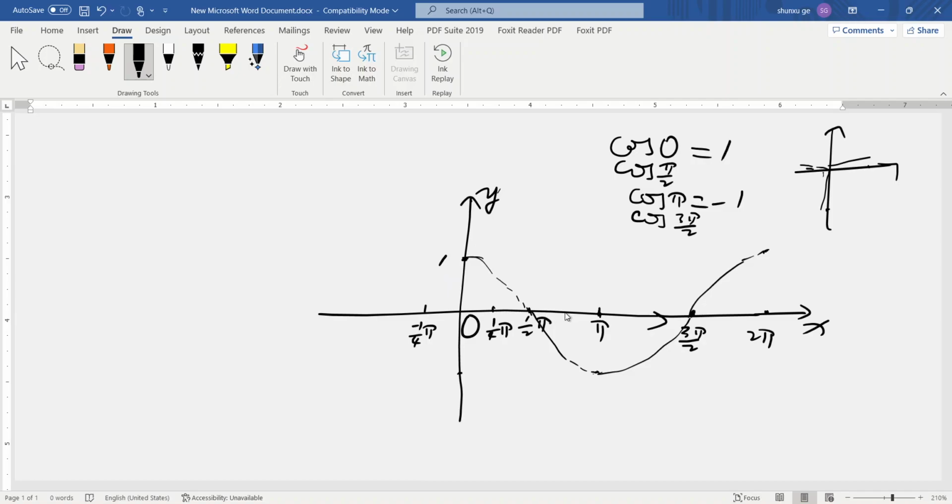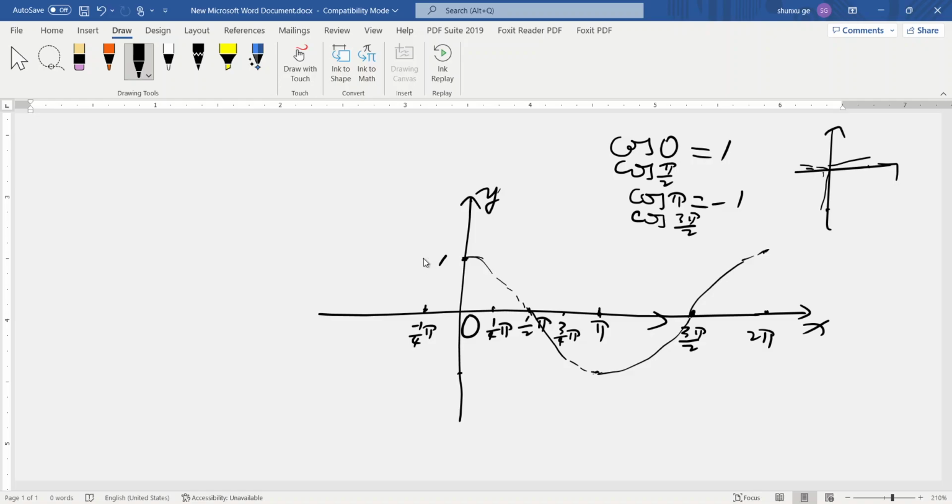So here should be 3 over 4 pi. Okay, the period has changed to pi. The start point should be from here, negative pi over 4, but the amplitude should be 3.